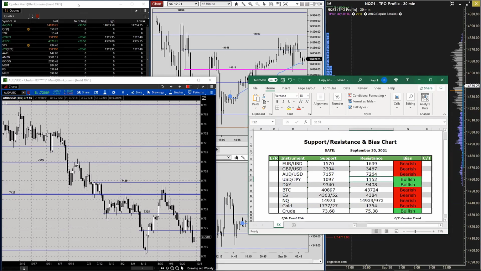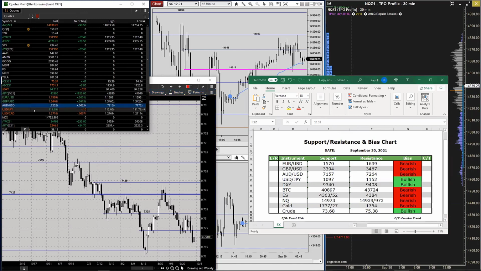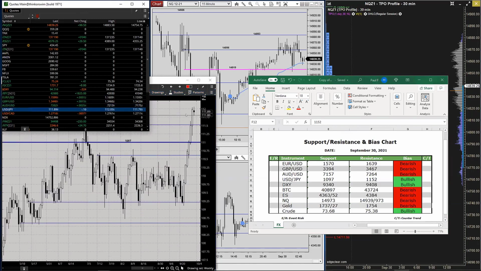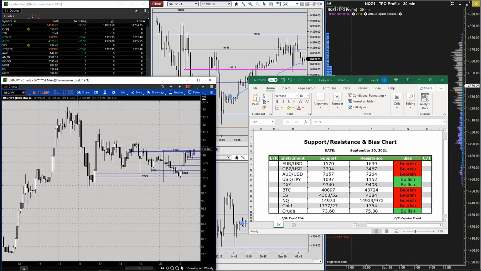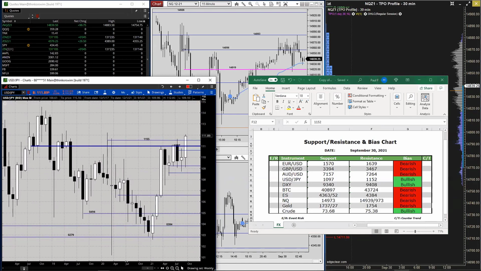Moving ahead to the dollar yen. Boy, this has really shot up into the stars. You can see this wick right there. Confluence is almost right there with that wick.